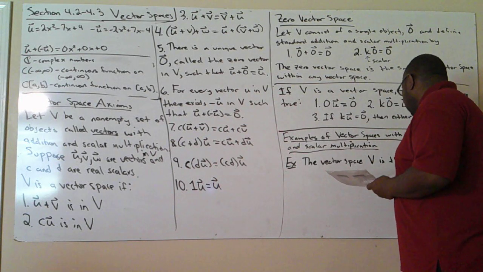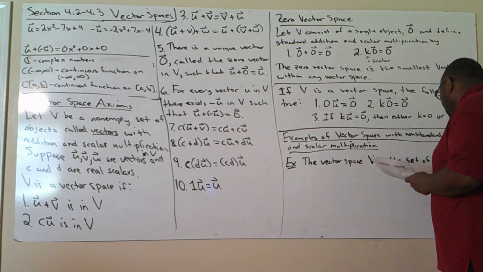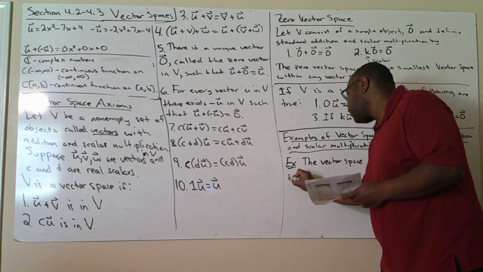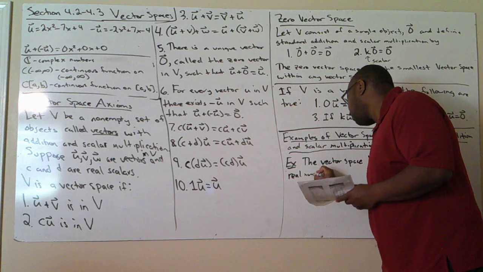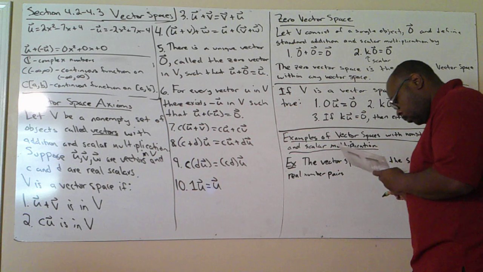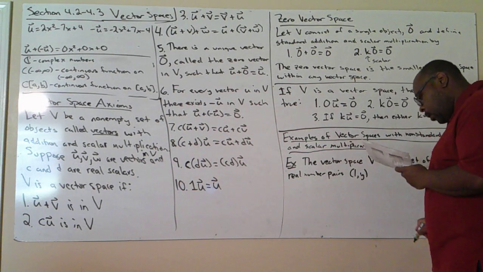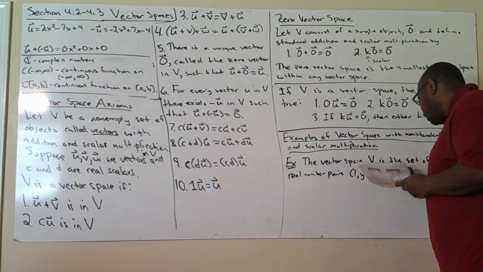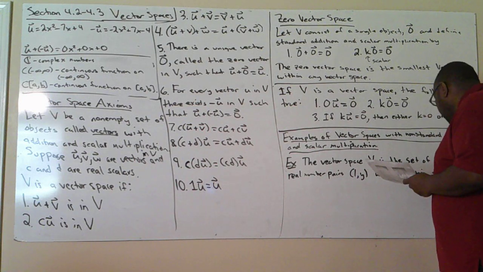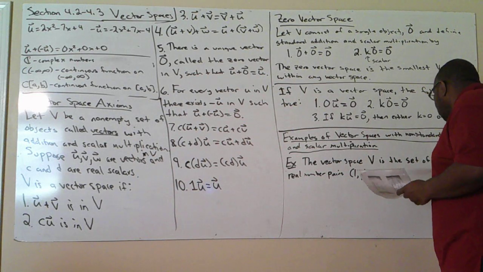It's the set of all real number pairs 1 comma y, okay, with addition and scalar multiplication. I'll say it like this, with addition.